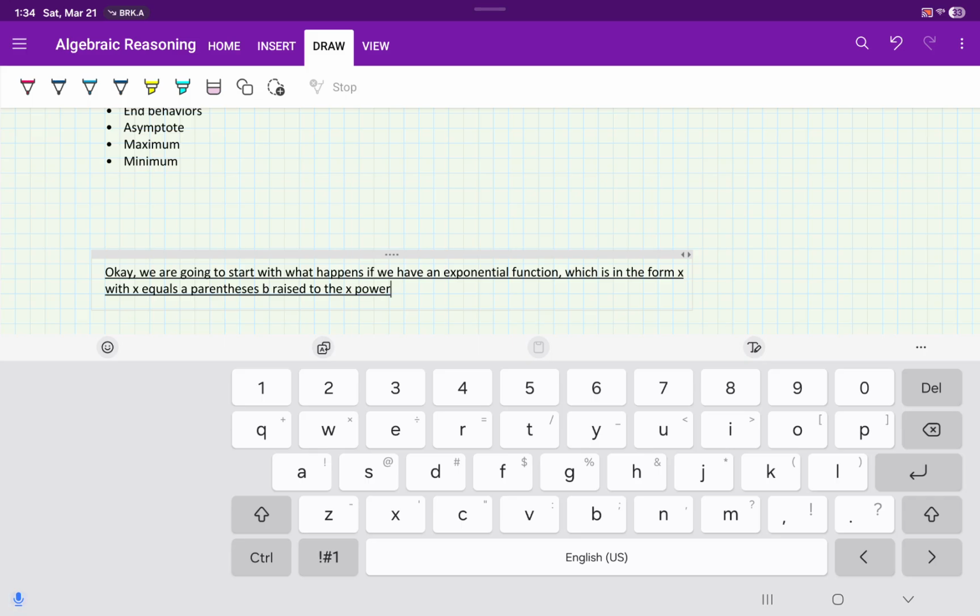And the base is greater than 1. Okay, and then we'll put some things in there.